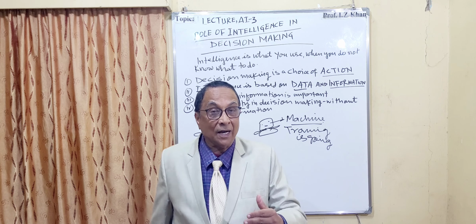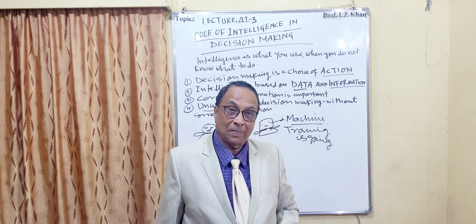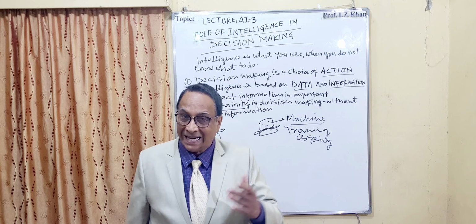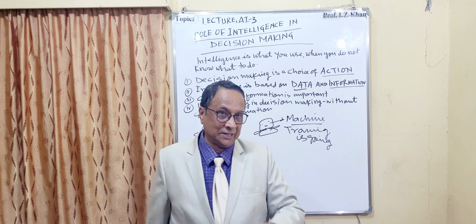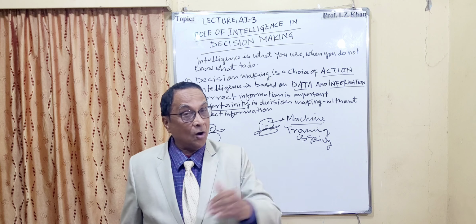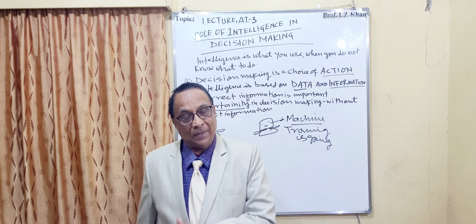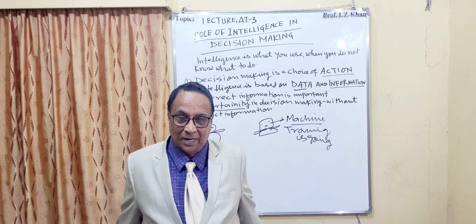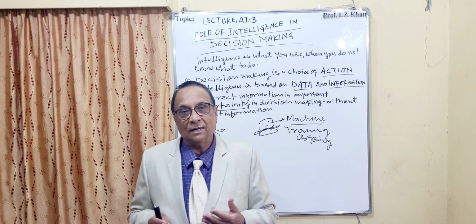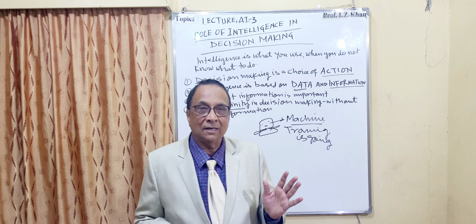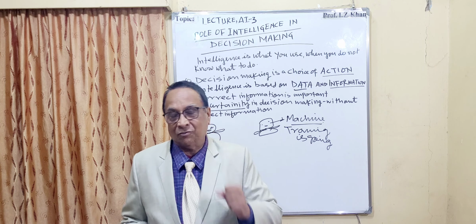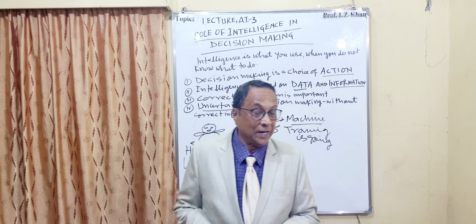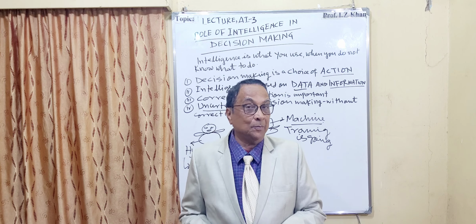Rather, there will be a lot of uncertainty once he is making a decision without correct information. If wrong information is given, and on the basis of that wrong information he is making a decision, any policy maker or head of department or family member, definitely it will not be a correct decision and high risk will be there.